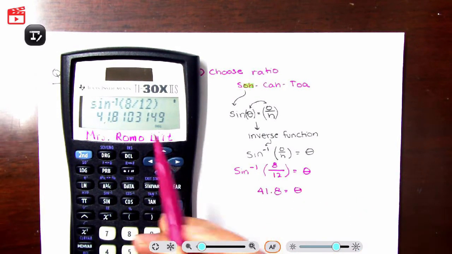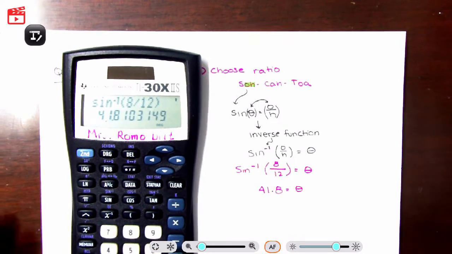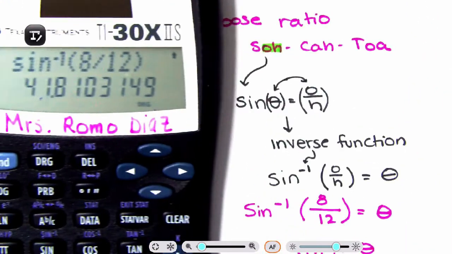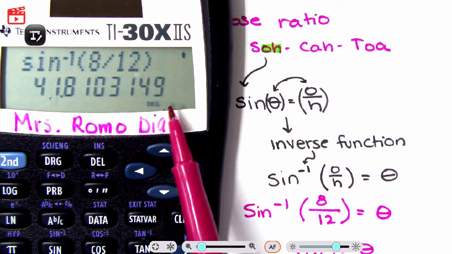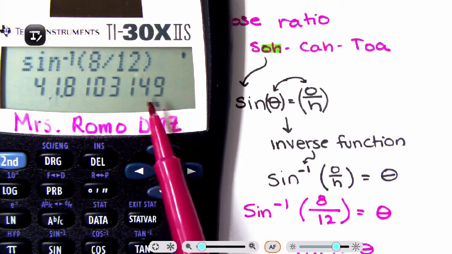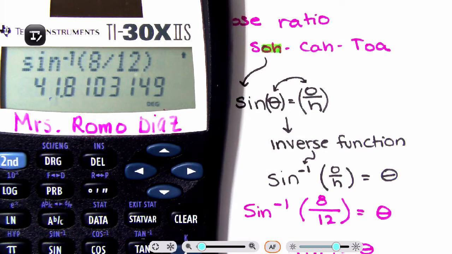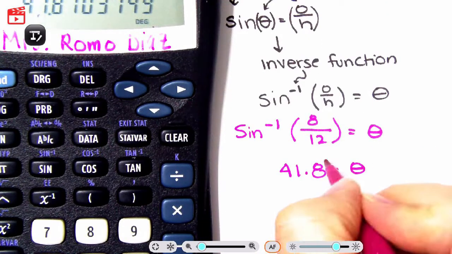Now, please note this symbol right here. I'm going to try to zoom in so you can see it better. This symbol says degree. This is the measurement unit. So if you have the degree symbol, that means your 41.8 is in degrees.